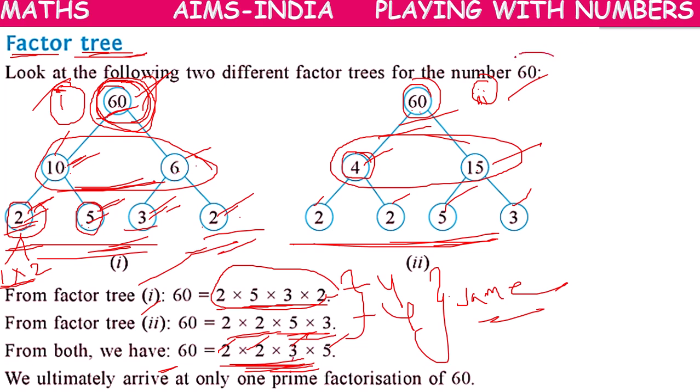For any number, your method may be different, your number of steps may be different, but finally you will arrive at only one prime factorization of 60. So for any number, you can find only one prime factorization.